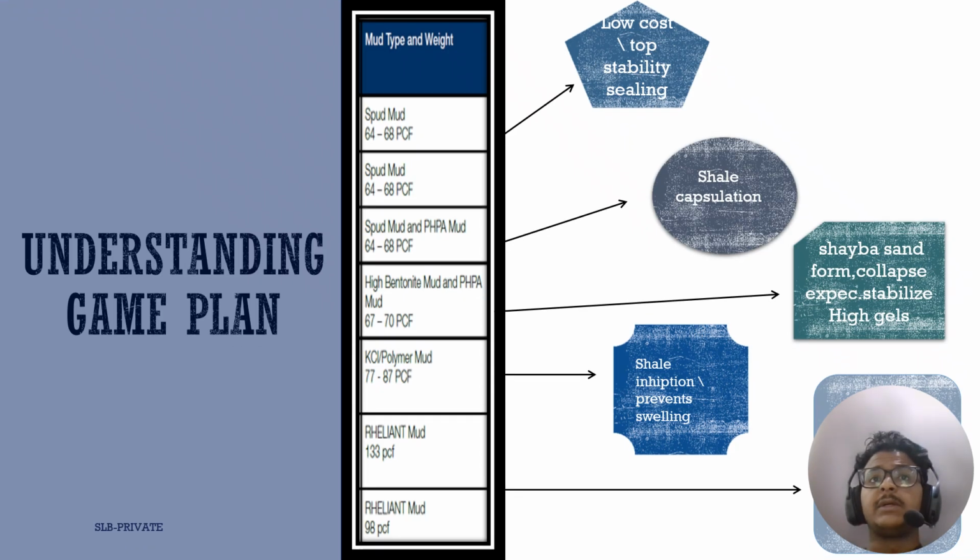Understanding the game plan. Each mud type has its own properties and characteristics. Why do we use spud mud? Spud mud is low cost and gives us stability. Also, BHPA gives us shale encapsulation. And VHPA mud, with bentonite, is the same idea as spud but with a high concentration of bentonite.